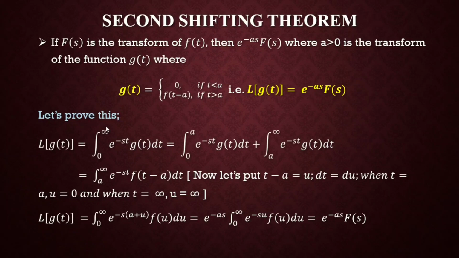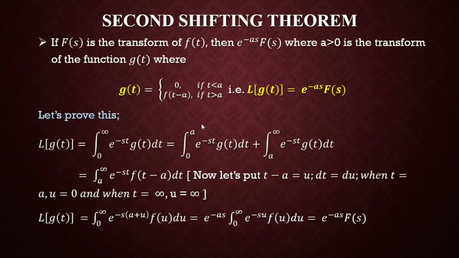Now let's prove this. Laplace of g of t is given by integral 0 to infinity e raised to minus st g of t dt. We all know this. Now we can split the integral between the limits 0 to a and a to infinity, since it's a piecewise continuous function. Therefore, integral 0 to a e raised to minus st g of t dt plus integral a to infinity e raised to minus st g of t dt.